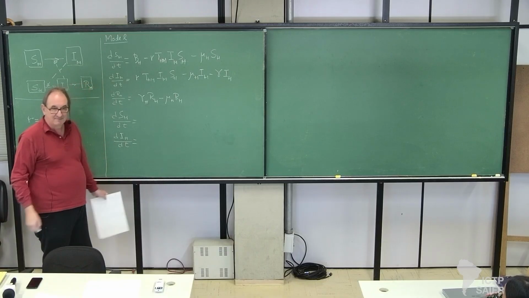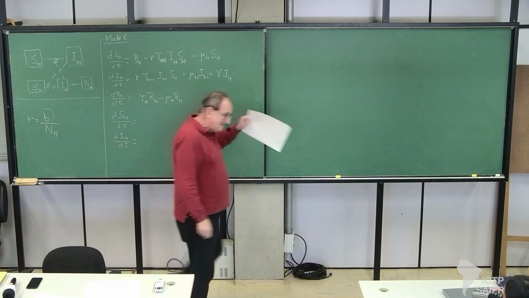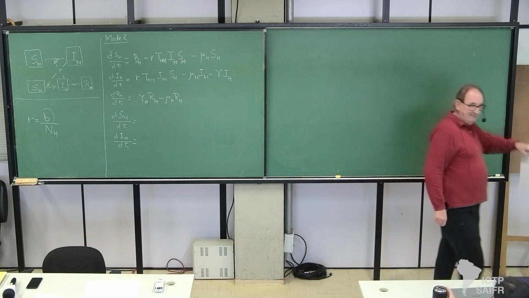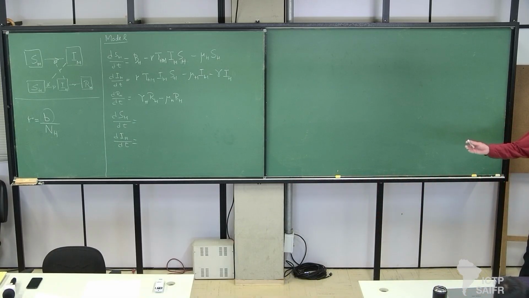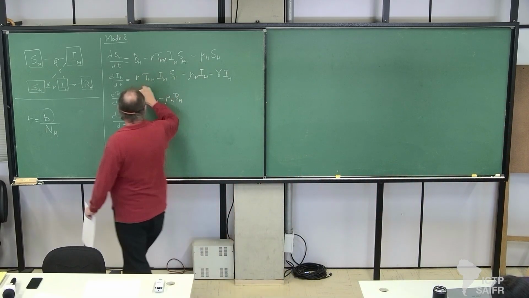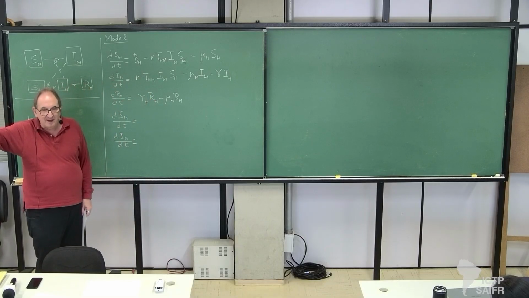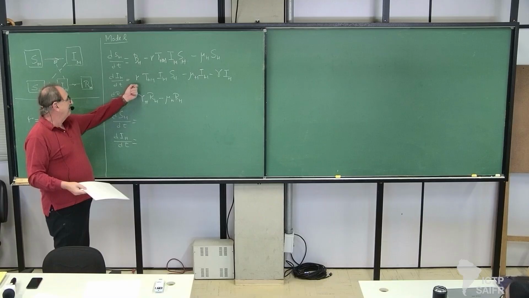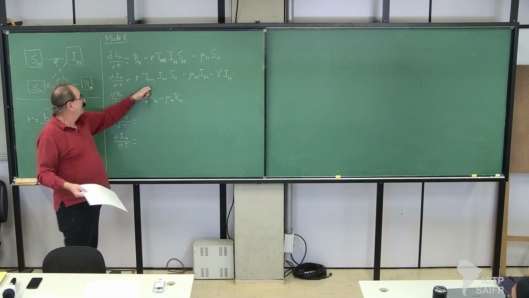Okay? So it's the same steps that we have given for all other models, and only a little bit different form of writing here. The thing is, instead of a beta, I'm separating the R from the probability.